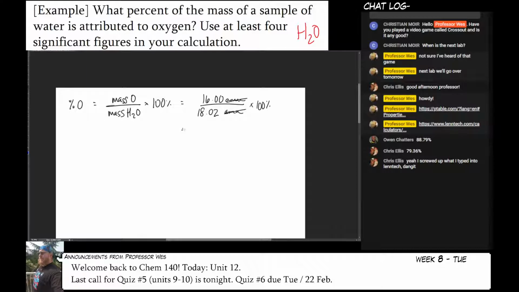I want to say it's like 80 something. So I think 88 might be right. 16 divided by 18.02. Oh, I forgot to times by 100. There we go. And there you go. So in water, oxygen is 88.79% of the mass of your water.